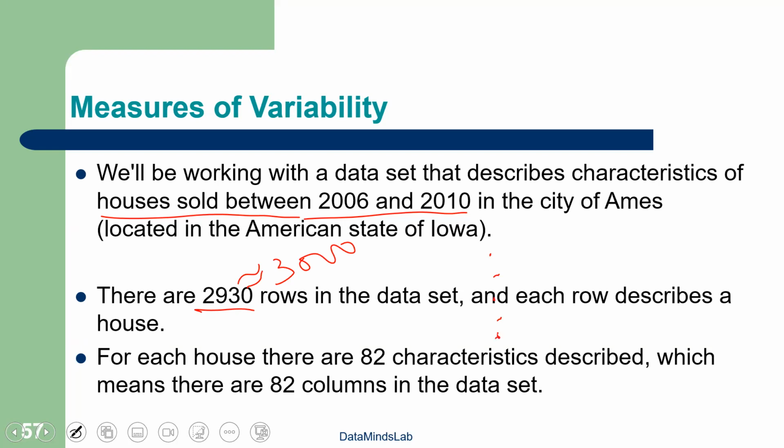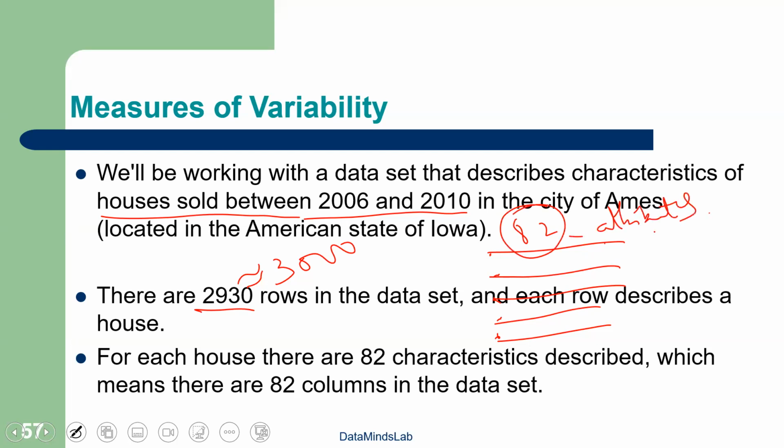For each row, certain characteristics have been captured, around 82 in total. So there are 82 attributes for this housing data set.